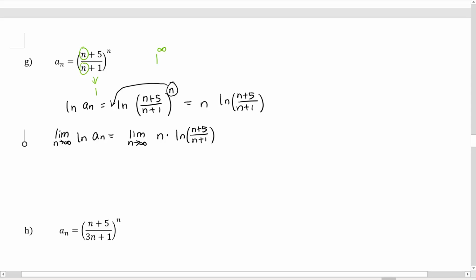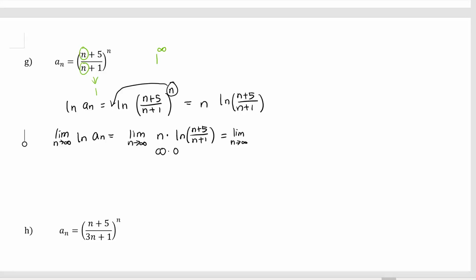Well, when n goes to infinity, this is like infinity, and this is like ln of 1, which goes to 0. So infinity times 0 is an indeterminate form. In order to use L'Hopital's rule, if you have the case of infinity times 0, you want to move one of the factors to the denominator so that you have infinity over infinity or 0 over 0.